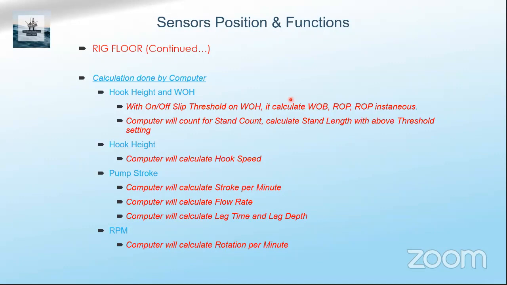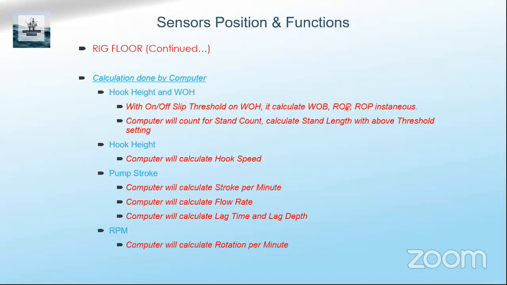So the system calculates from that last value, and takes the difference as weight on bit. In other words, when the total weight was 100 and now it is 90, your weight on bit parameter will show 10. It is only one sensor, there are not two. The system understands it and calculates it, so it is called a calculated value.